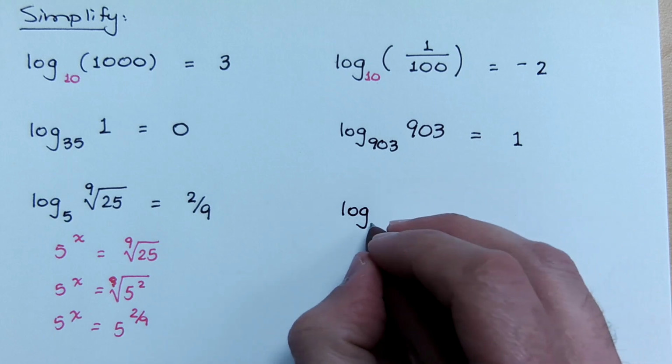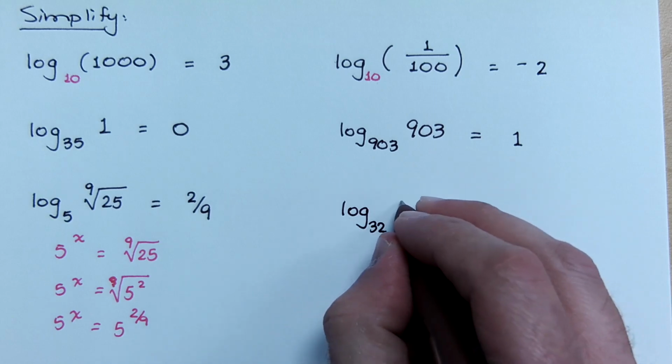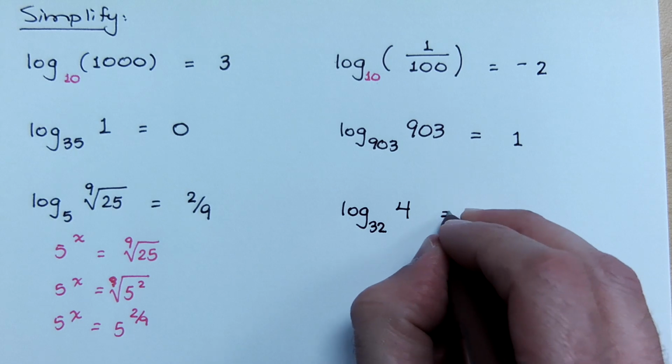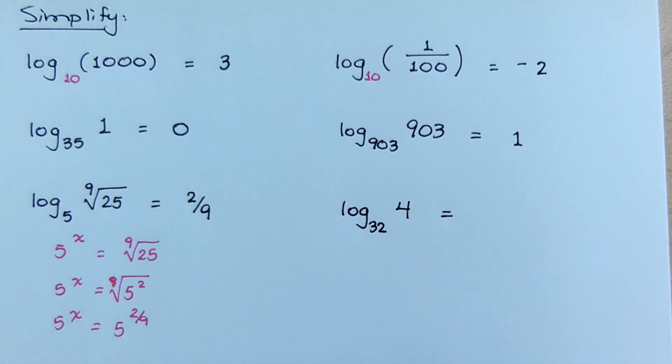We were working with change of base last time, so these guys were super fun. If I do log base 32 of 4, you don't need to go to the calculator. That is not necessary here, and this is a question that would be on the non-calculator portion of the exam. Is there a common base between 32 and 4? What's the common base? 2. You've got 2 ways of doing this.